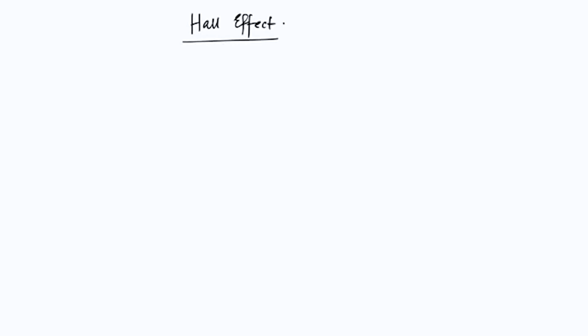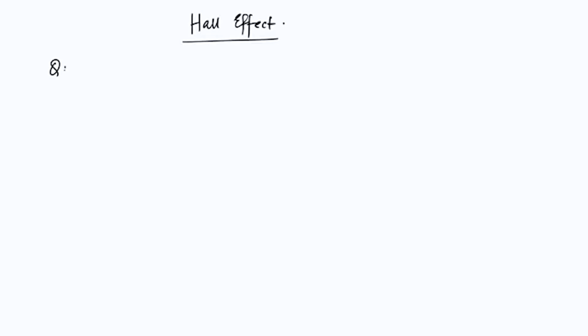Okay. Now, let's talk about the discovery of the Hall effect to begin with. And let's start with actually the quantum Hall effect. We'll come to the classical Hall effect that you are all familiar with in just some time.